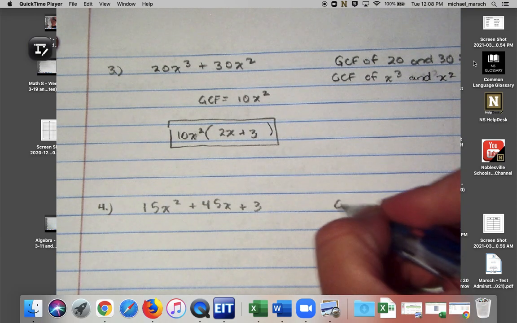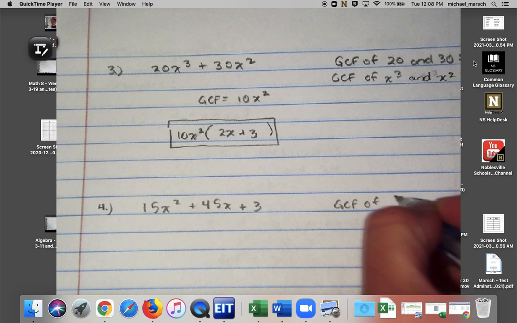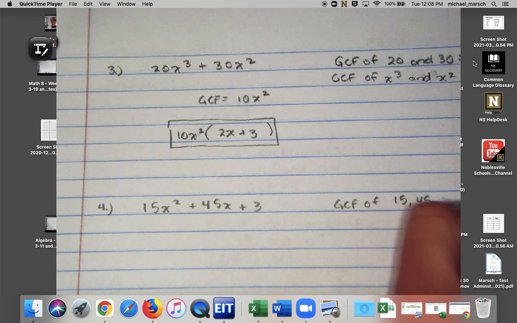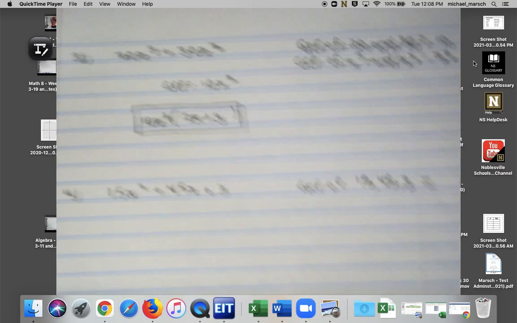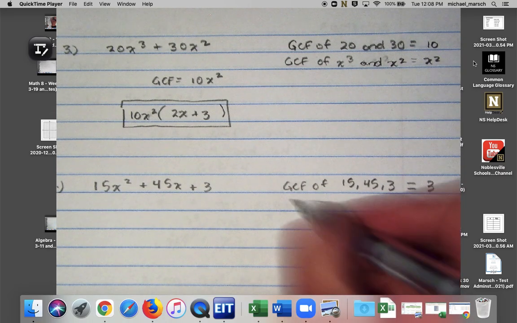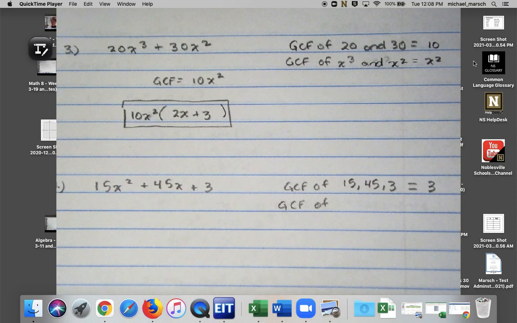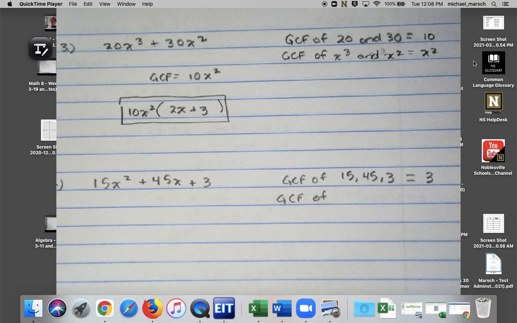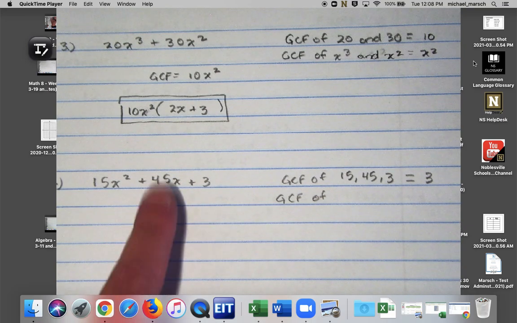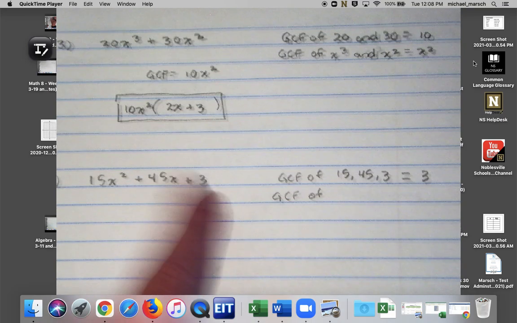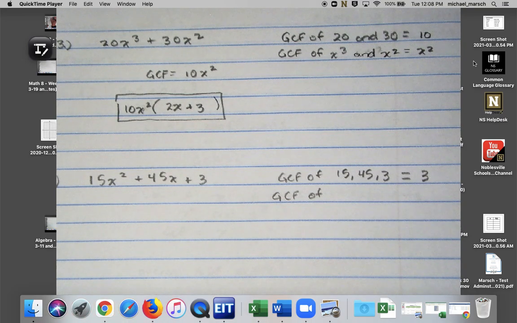Okay, so the greatest common factor of 15, 45, and 3 is 3. Greatest common factor of, okay, here's where it gets a little tricky. Because these don't all have variables with them, there is nothing else to be a greatest common factor.